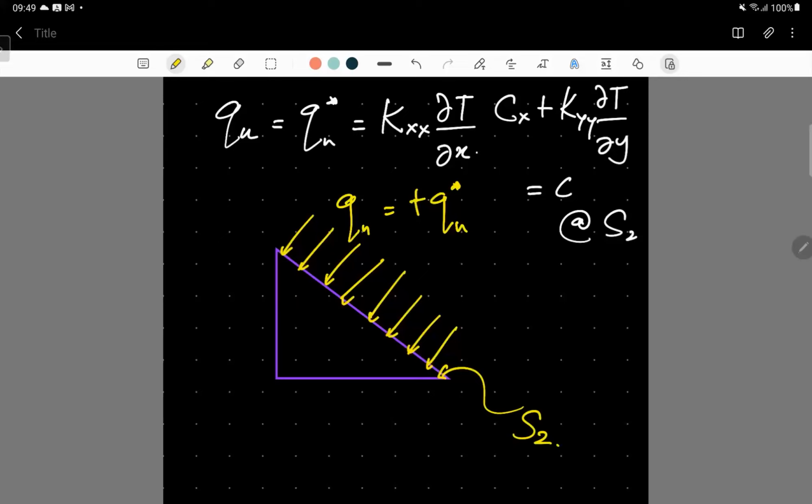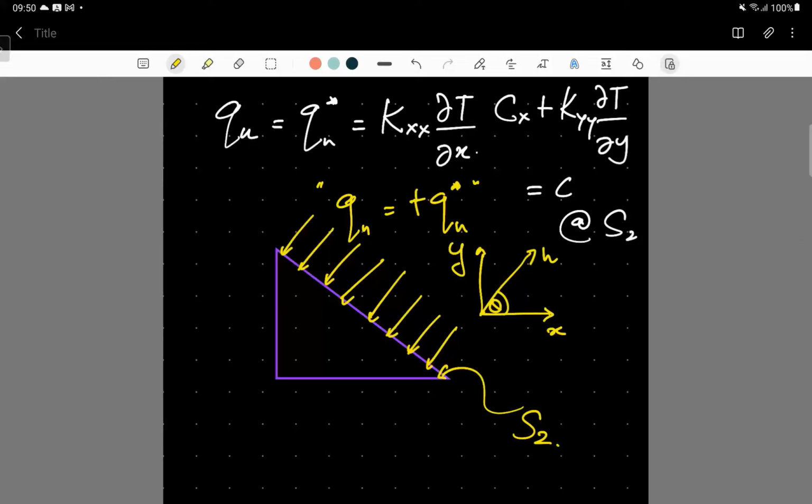So this surface is now inclined, and the unit vector normal to the surface is given by n, which makes a theta degree angle to the x direction, and 90 minus theta degree, of course, to the y direction. So you can translate this Qn term both in the x direction and the y direction.